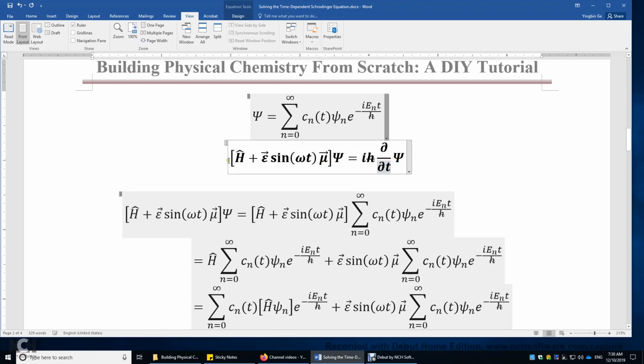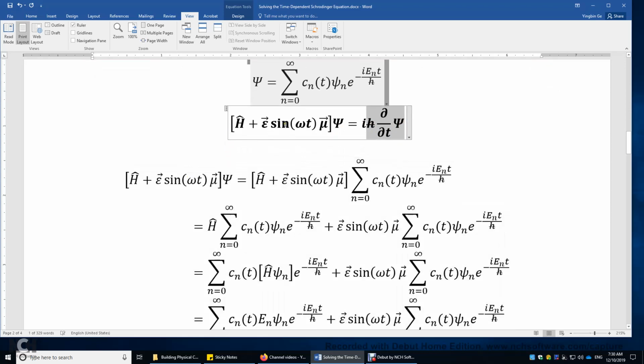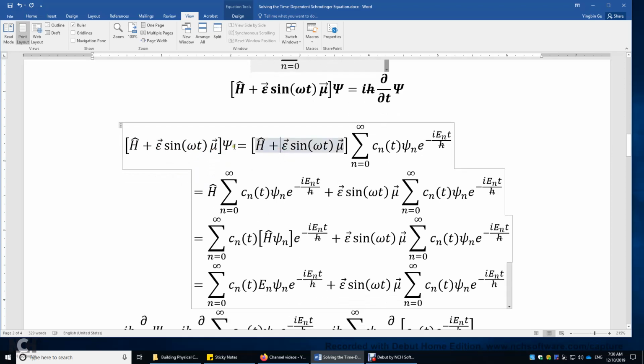What we do is we evaluate the left-hand side, we evaluate the right-hand side, and then we try to simplify the equation. So first, the left-hand side. We apply this H plus electrostatic energy to psi. We expand the psi into this infinite series, and then we apply this H to this wave function.